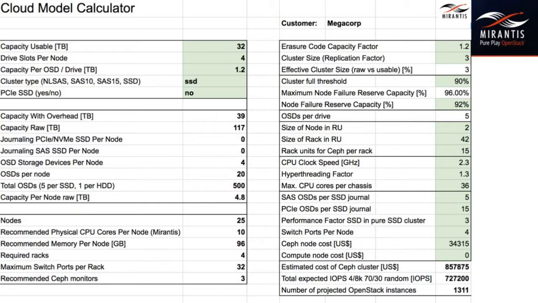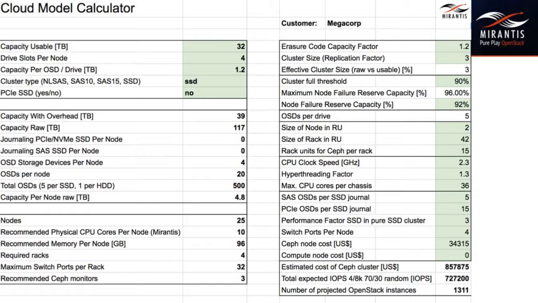Okay, this is the other half, or another part of the cloud model calculator. There's still a number of parts missing, but they don't really pertain to what we are talking about right now. So you can see again, you have usable capacity that's necessary, and you have raw capacity, and in the end, you get to 25 nodes.